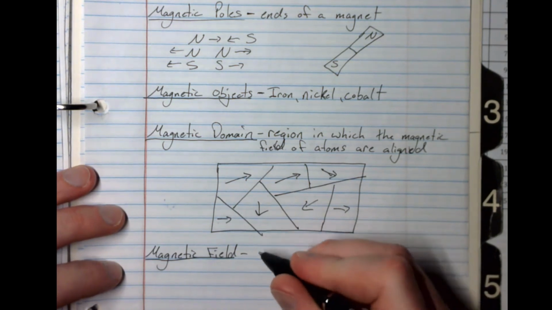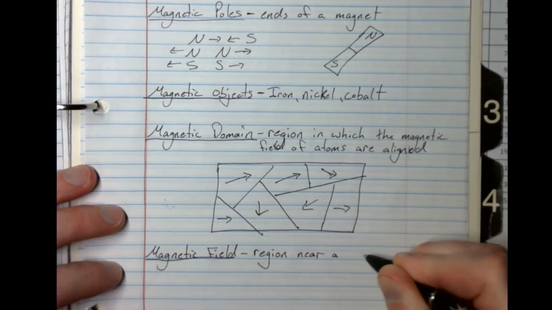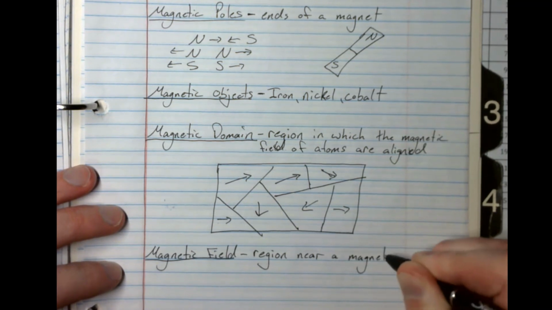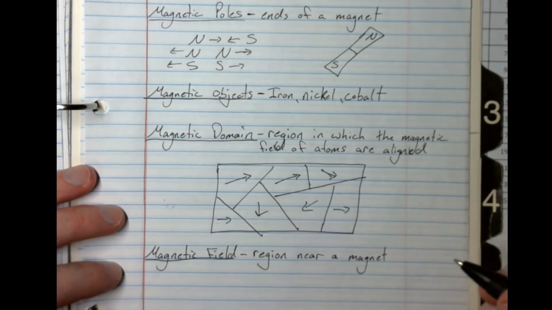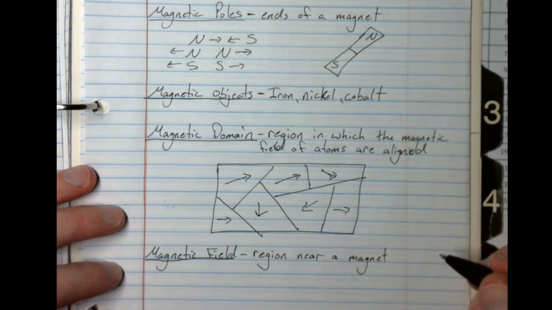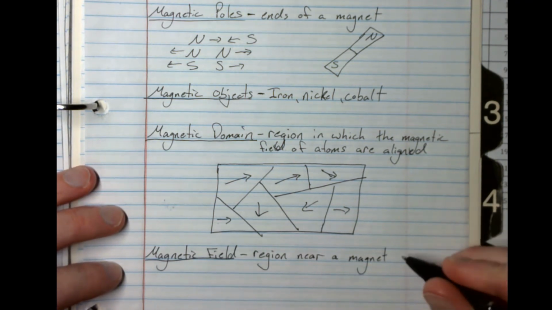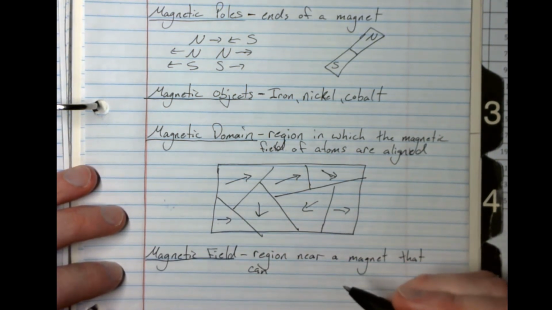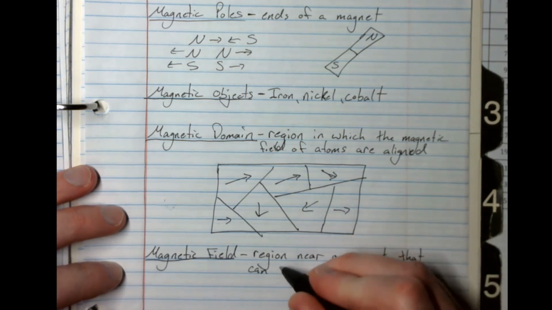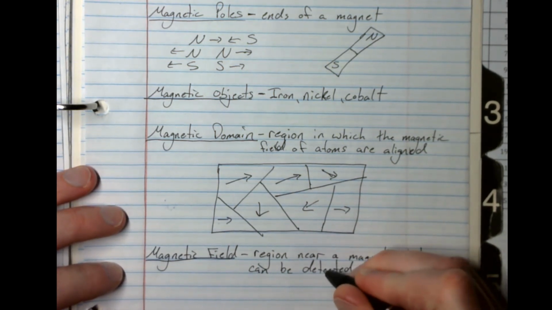So this is a region near a magnet that can be detected. And the thing we're using to detect it is a compass.